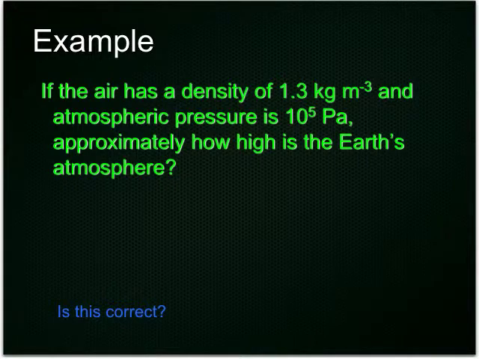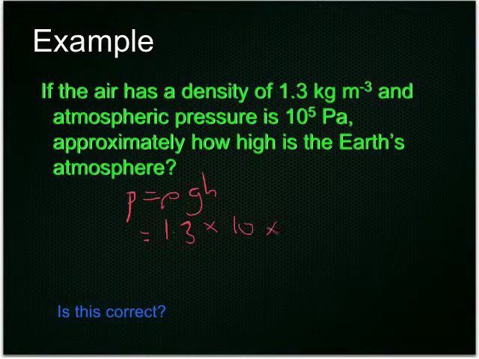Now, an example, if the air has a density of 1.3 kgs per meter cubed and atmospheric pressure is 10 to the 5 pascals, approximately how high is the Earth's atmosphere? So, pressure equals rho g h. So 1.3 is density times 10 for gravity times height is equal to 100,000. Sorry, one too many zeros.